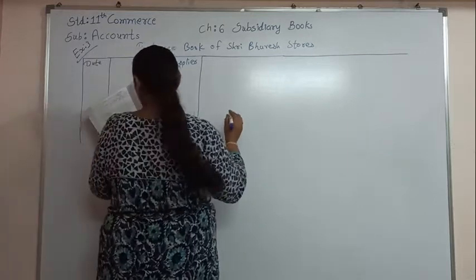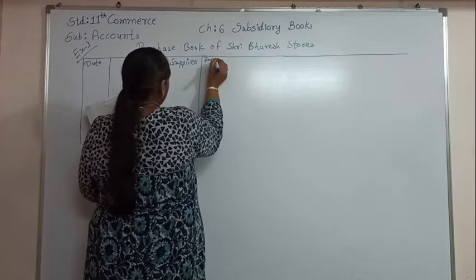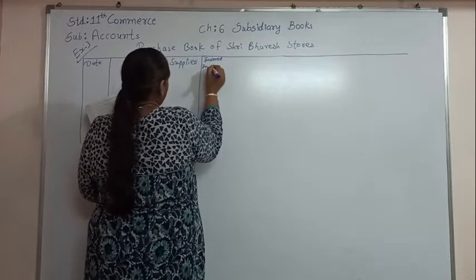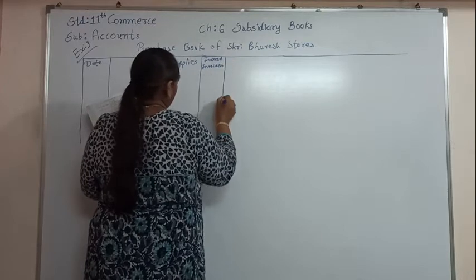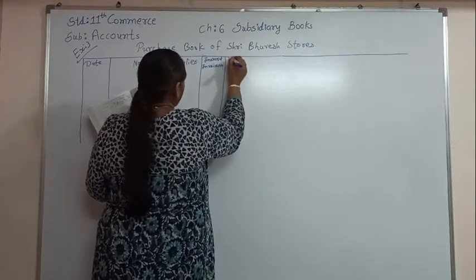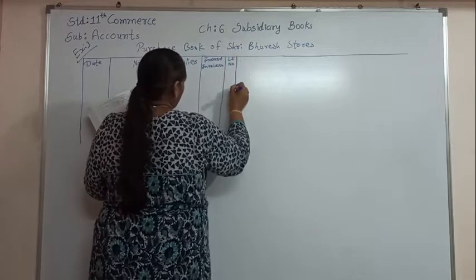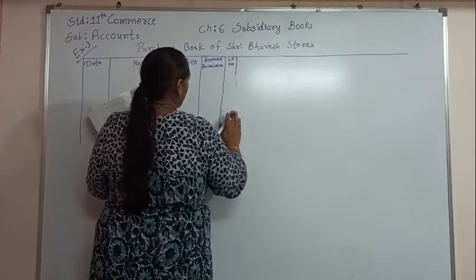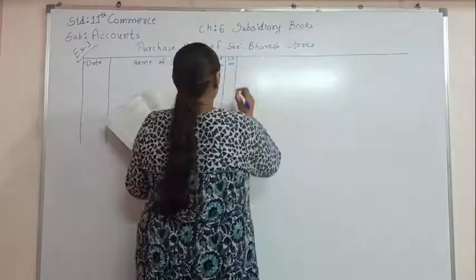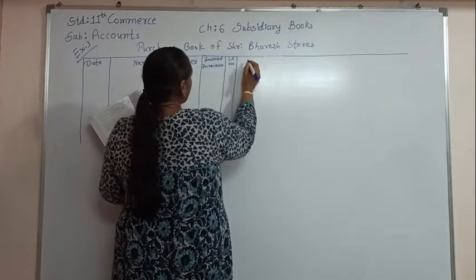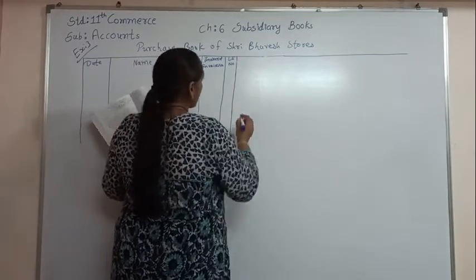Next will be inward invoice number. Then next will be ledger folio number. Then next we are going to prepare net amount of goods.